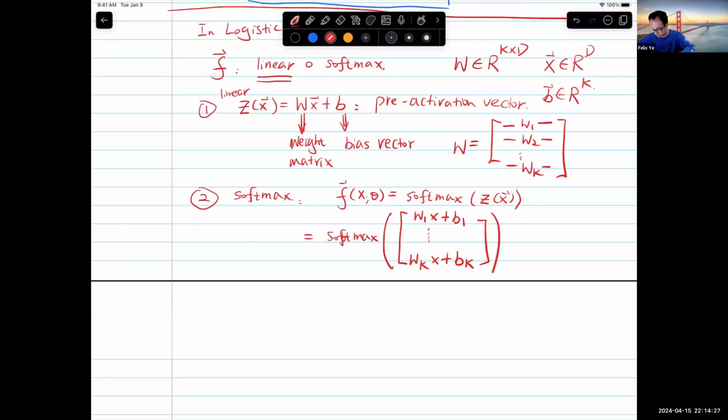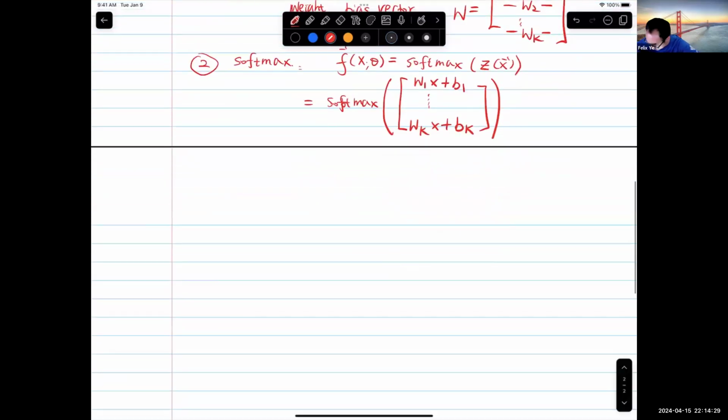Okay. So what is the softmax of this vector? I think I already mentioned this before, but basically you take the exponential of each entry, entry-wise, and then you normalize it such that it becomes a probability.